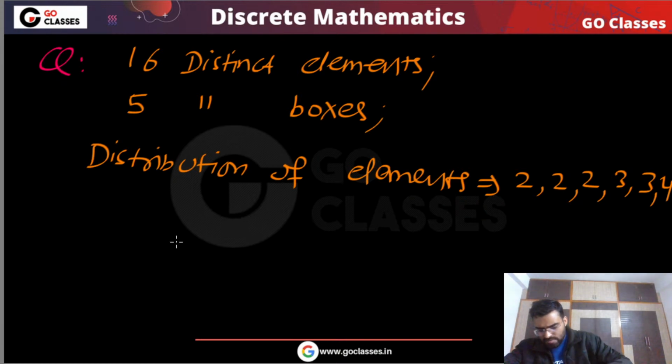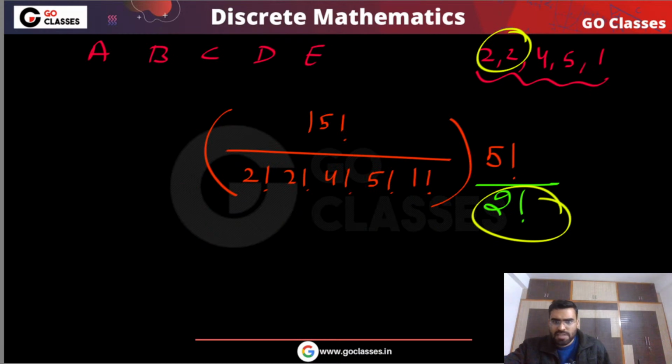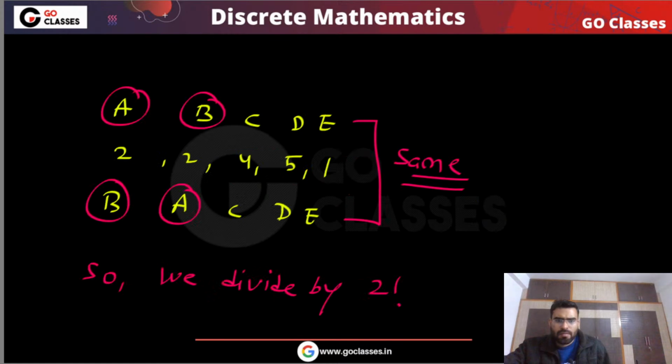What should be the answer here? Where are we taking 14 elements? There are 15 elements, right? Okay, we can make it 6.